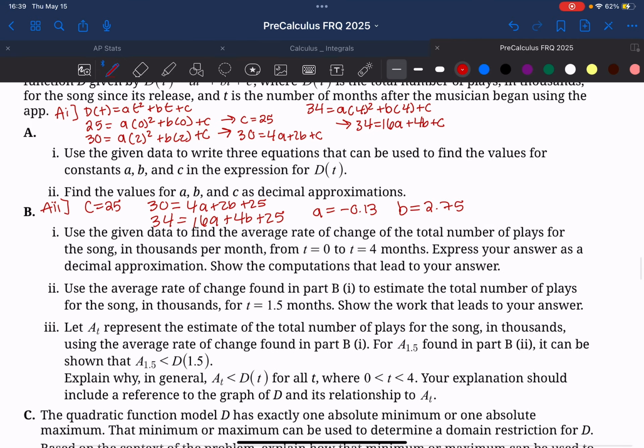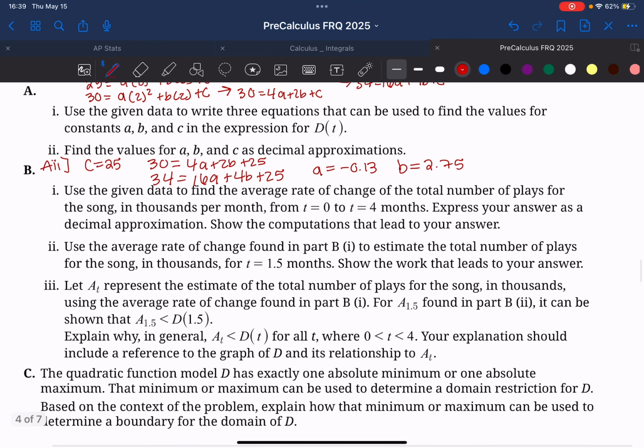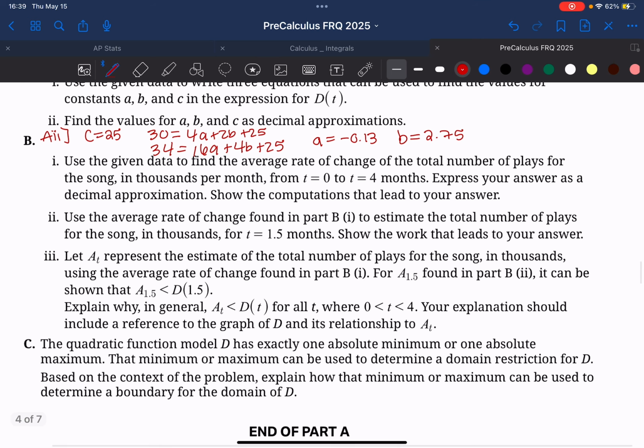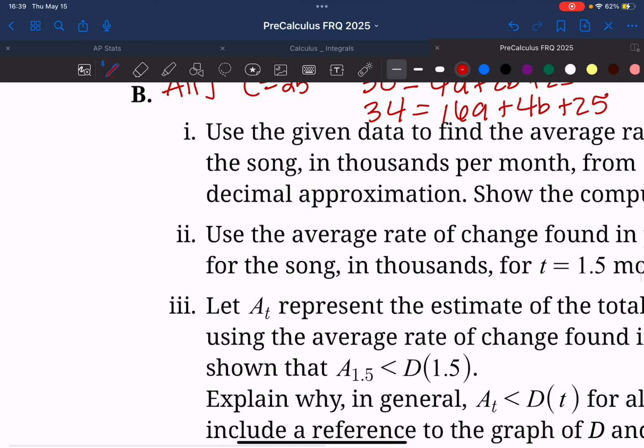Okay. B part 1 says use the given data to find the average rate of change of the total number of plays for the song in thousands per month from t=0 to t=4 months. Express your answer as a decimal approximation, and show the computations that lead to your answer. So for B part 1, I'm going to use the average rate of change formula.